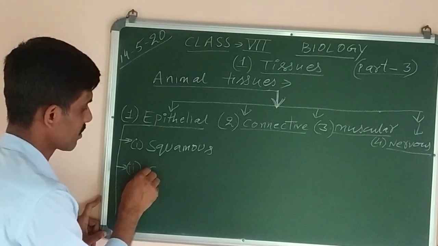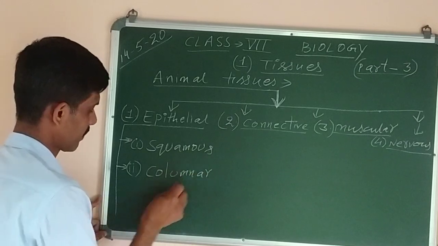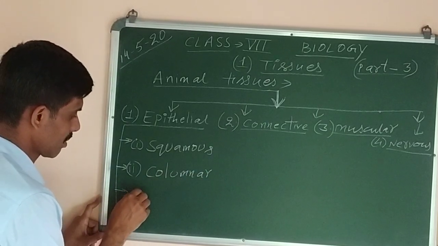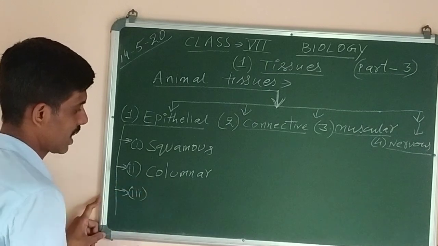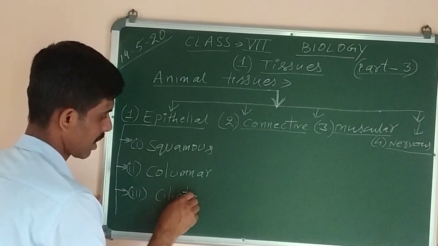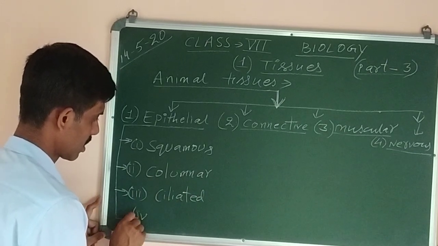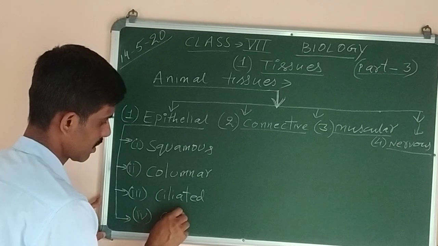Number 2, columnar epithelial, COLUMNAR. Number 3, ciliated epithelium. And the last one, cuboidal epithelium.